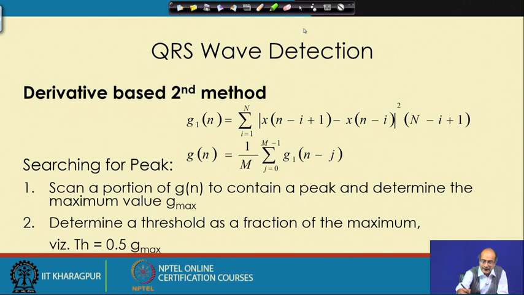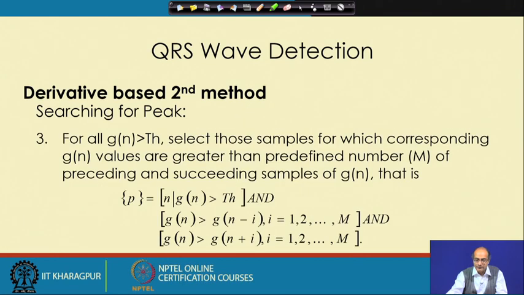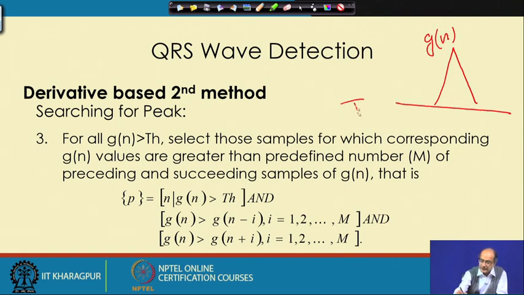And to ascertain that there is no spurious peak, they have taken another care. They have added one more condition. The condition is that the peak we are talking about in Gn should be above that threshold Th.